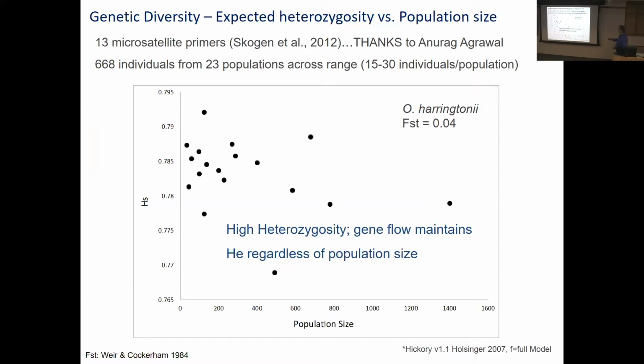There's amazing gene flow. FST is tiny across these 25 populations. Anurag Agrawal developed microsatellite primers for Oenothera biennis, which is a common weed around here, and they work for Oenothera harringtonii. And this result shows that there's huge amounts of gene flow between all these populations.